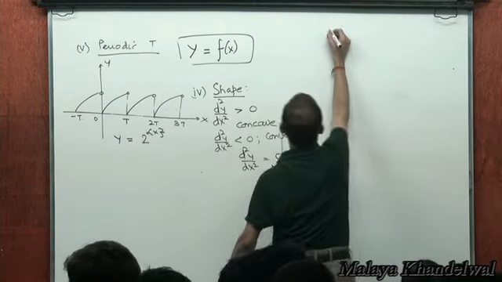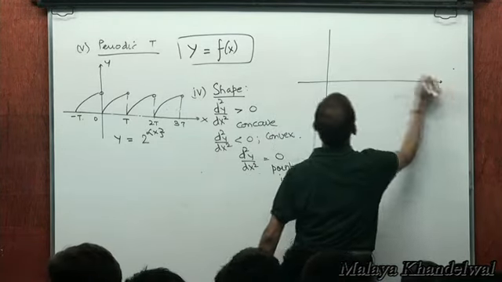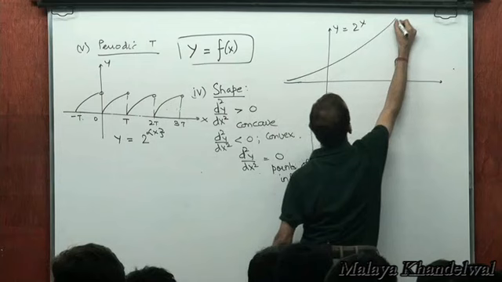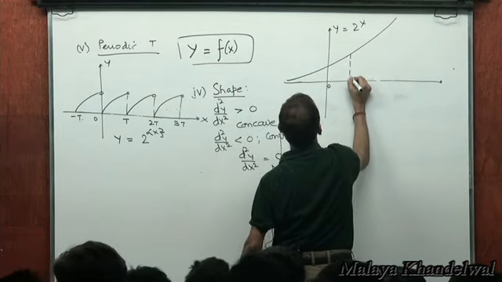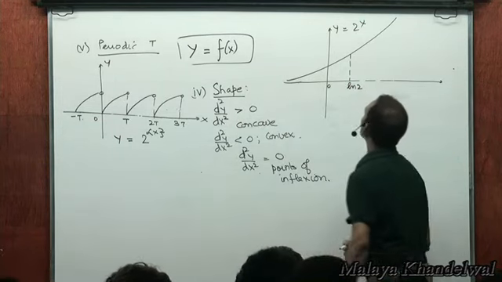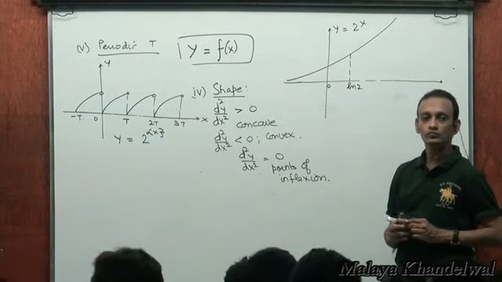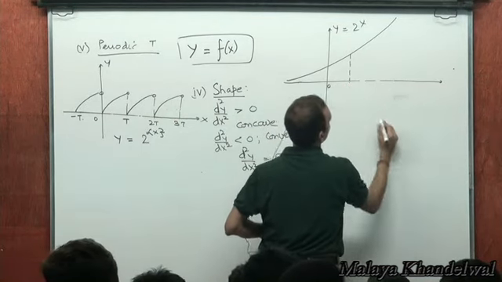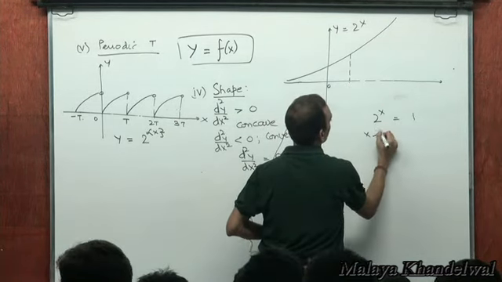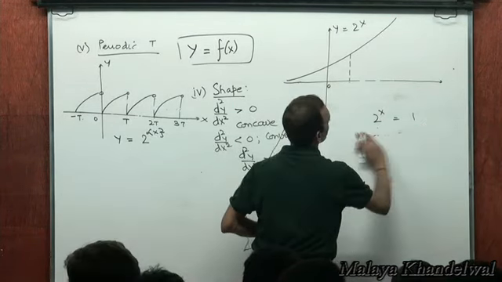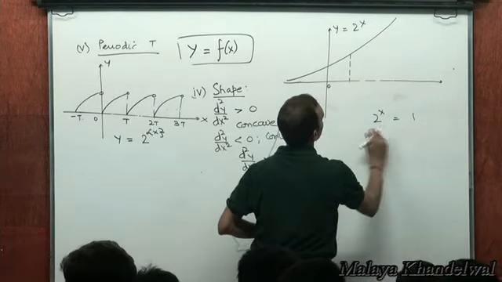The graph of 2 to the power x is this: x equal to 0, x equal to say log 2. Right? 2 to the power x will be 1 when x is 0, and is 2 when x is 1, right?